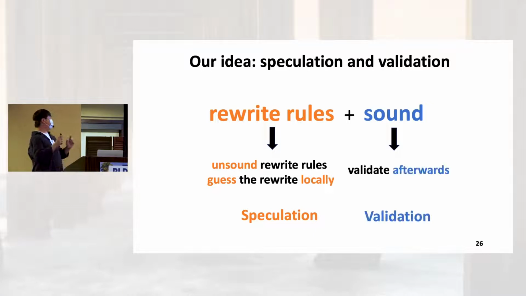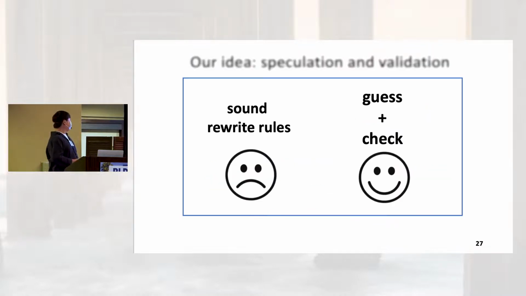And then we will ensure the rewrite is valid by another procedure, which is called validation. So this is our idea, speculation and validation instead of sound rewrite rules. We replace the sound rewrite rules with a guess-and-check procedure. It will be much faster, and the rewrite rules are easier to write, as I will explain later.